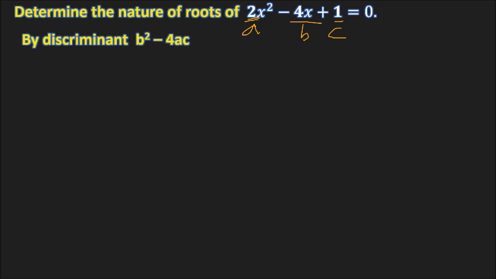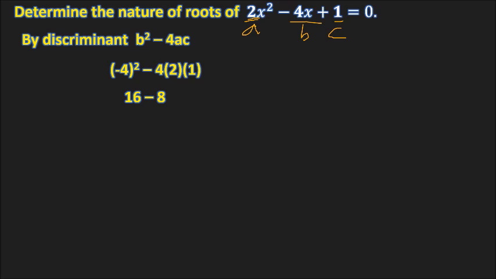So doing the substitution, we have negative 4 quantity squared because our b here is negative 4, minus 4 times 2 because our a here is 2 and c is 1. So negative 4 quantity squared is 16 minus 4 times 2 times 1 is 8.